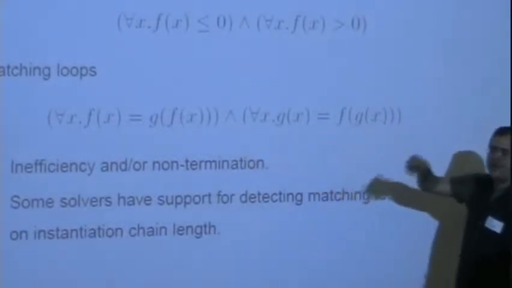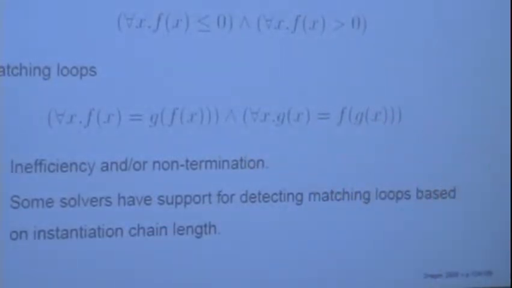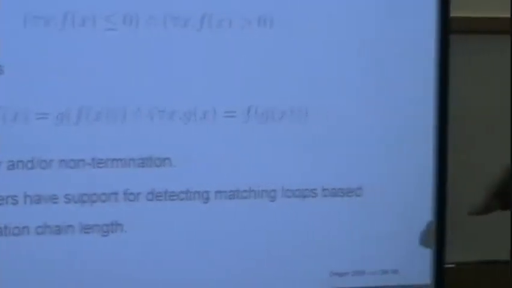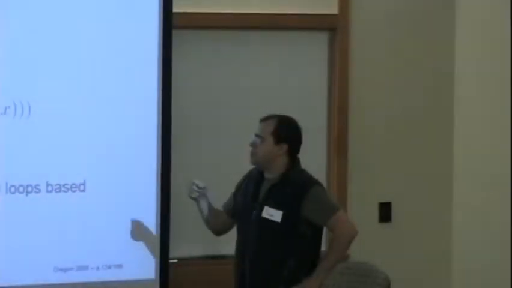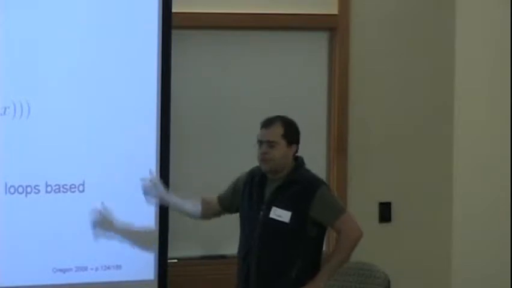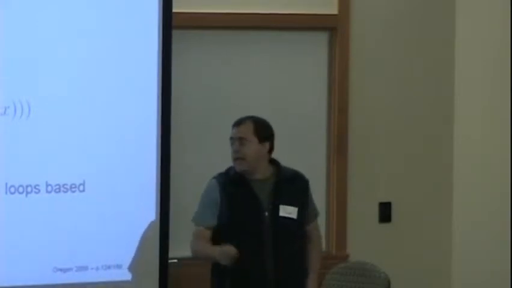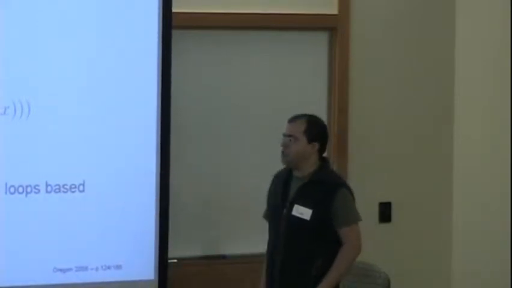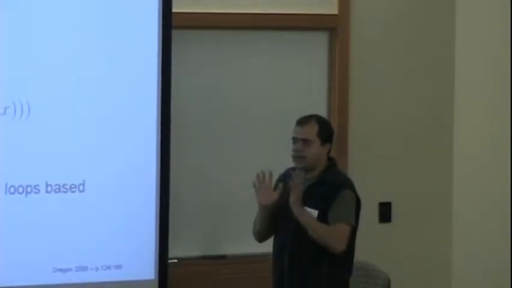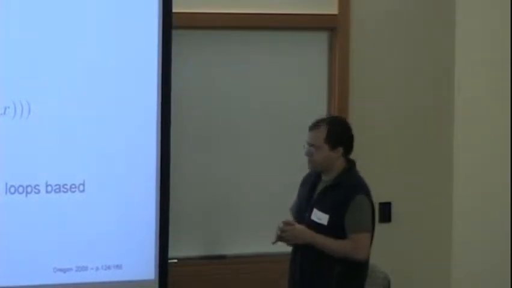You can keep doing that forever, this cycle, right? There are two problems here. One is inefficiency, because you're going to keep creating a bunch of useless stuff, and you can also have non-termination. Some SMT solvers have heuristics for detecting these matching loops automatically and blocking the instantiation.